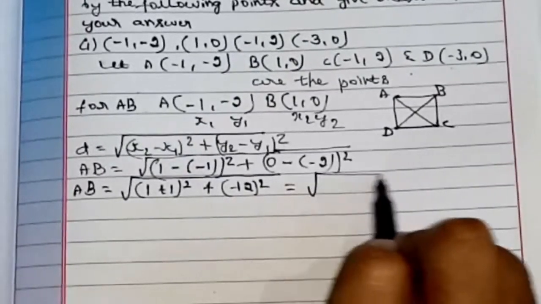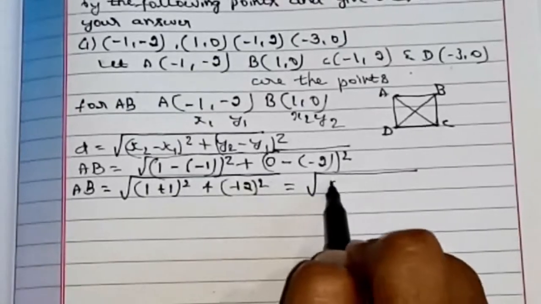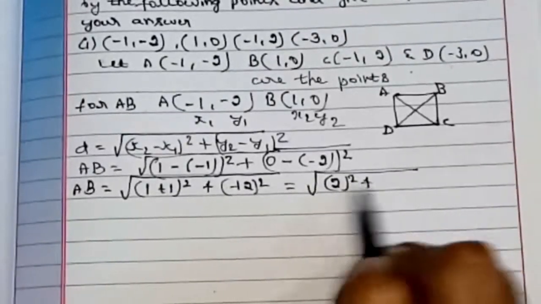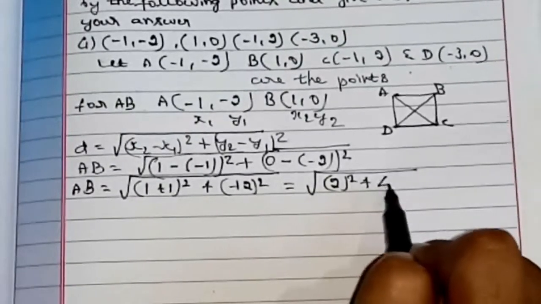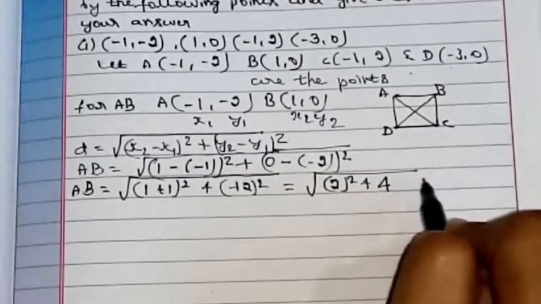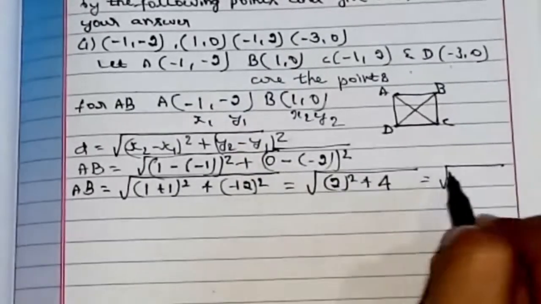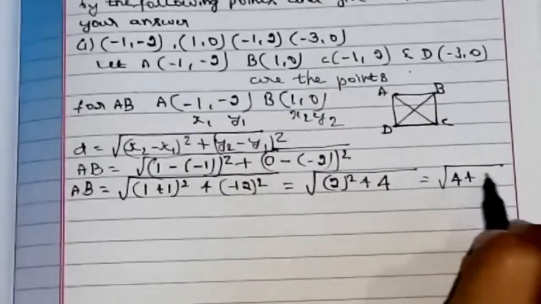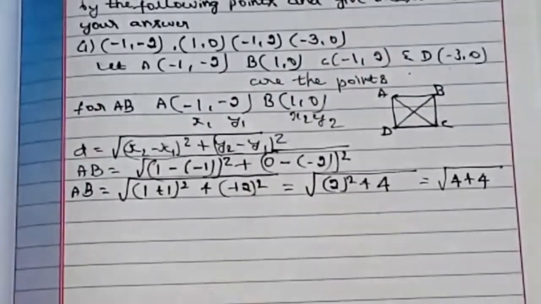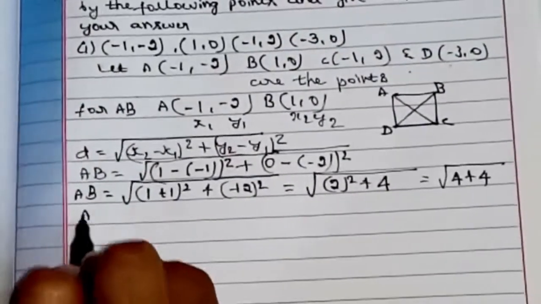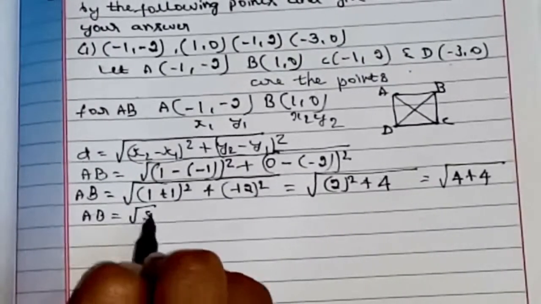That equals the square root of 2 square plus 2 square, which is 4 plus 4. So AB is equal to the square root of 8.